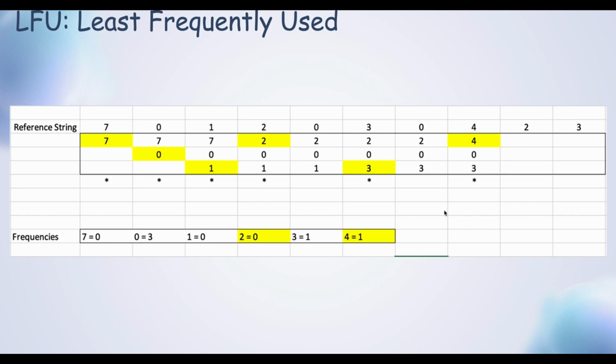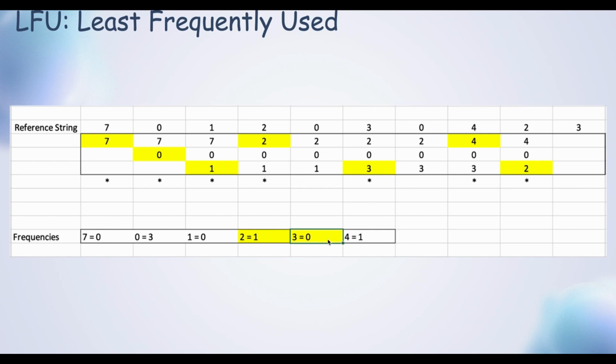Demand 2. Again, we have 2 numbers with the same frequency, so we consider which one came to the cache first. In this case, it is 3, as we can see.